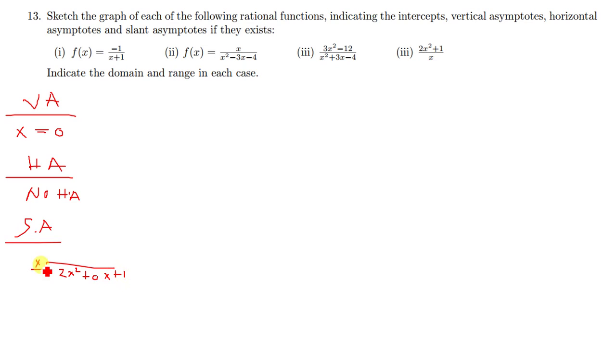We begin to divide x into 2x squared, you're going to have 2x. When you multiply there, you have 2x squared. Then when you subtract, you have 0 there. You bring down this 0, x into 0, you still have 0.